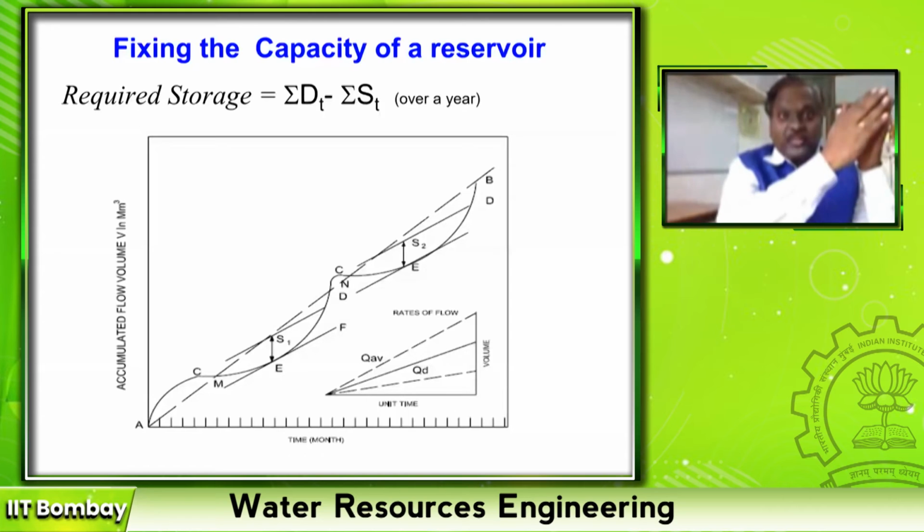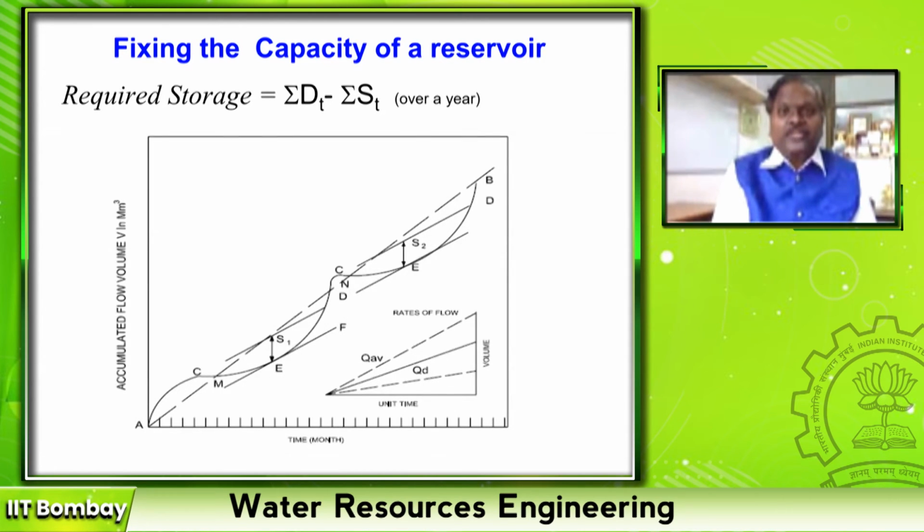Now you estimate the cumulative values, and plot the accumulated volume of runoff or stream flow and the accumulated demand. But when we start drawing this demand line, it should not start from the origin.